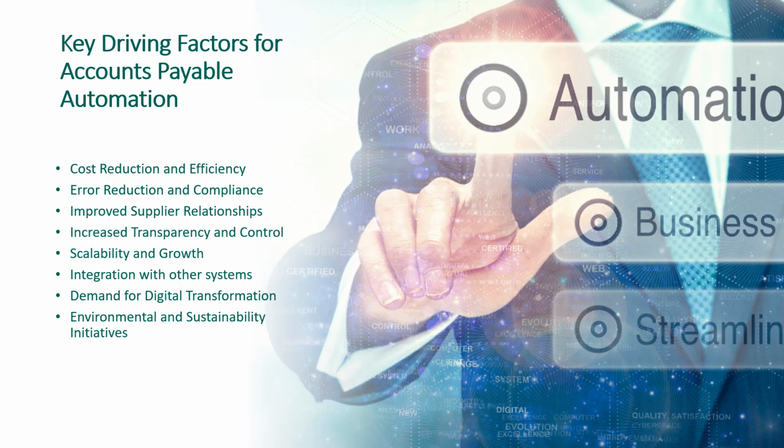The sixth factor is integration with other systems. I always think this is key, right? All ERP systems, like I said, we want to make sure that the data stays there. They're the single source of truth. For a successful integration of any AP automation, you've got to have some way to feed the data to the ERP system.